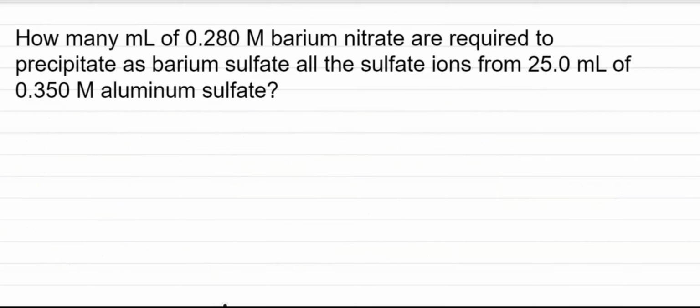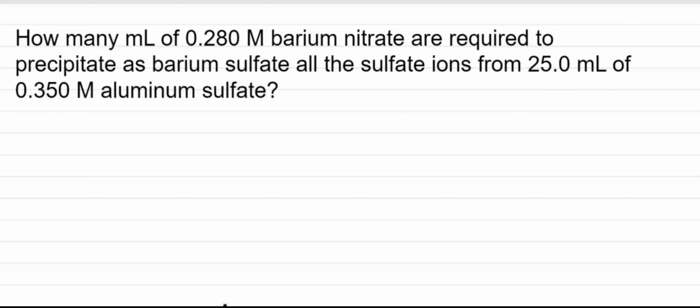How many ml of 0.28 M barium nitrate are required to precipitate all the sulfate ions from 25 ml of 0.35 M aluminium sulfate as barium sulfate? So the first thing we do, again, is make sure we write the equation itself.